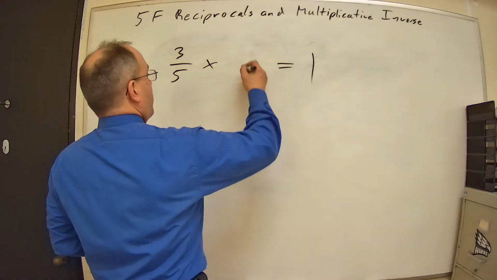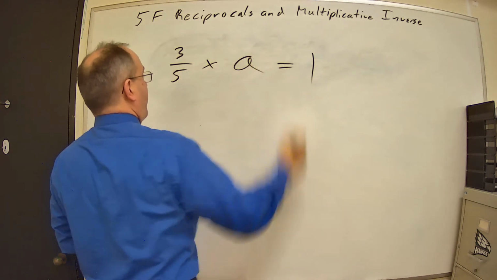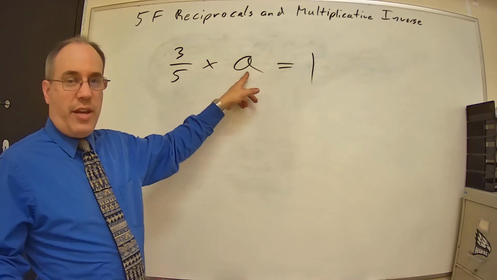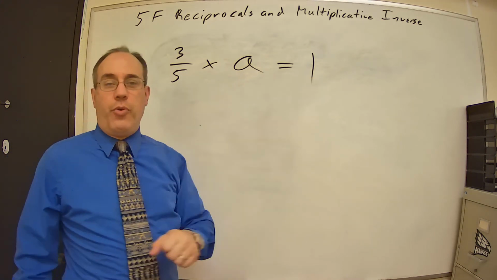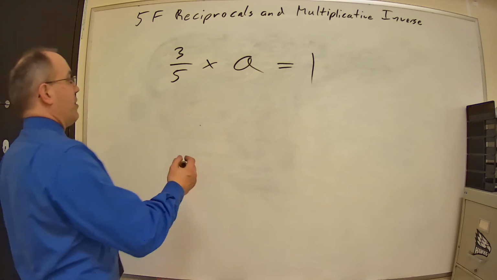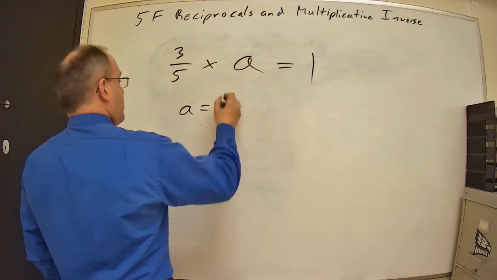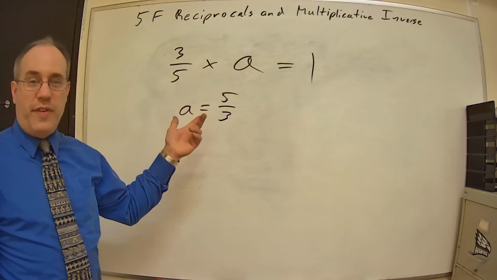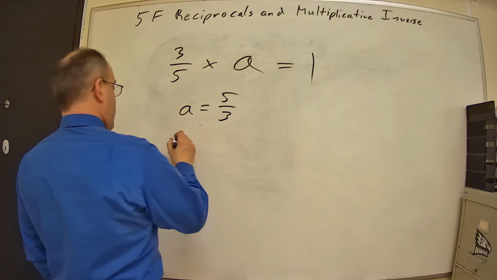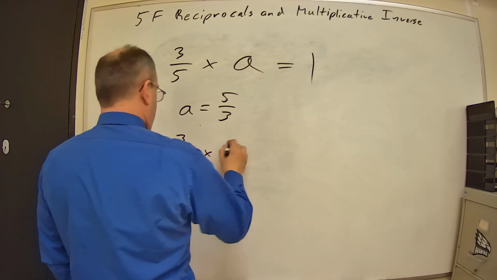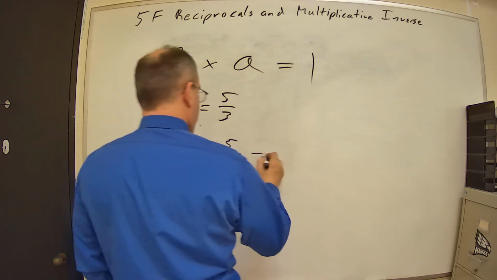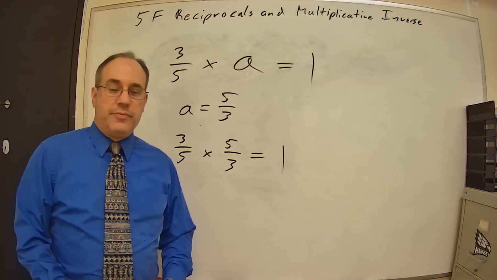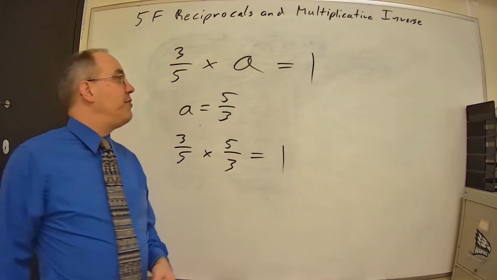So let me just put an A here. 3/5 times A, where A just stands for any number, so what number gives us 1? A is equal to 5/3, the reciprocal of this first value. 3/5 times 5/3 gives me 1. So that's the multiplicative inverse.